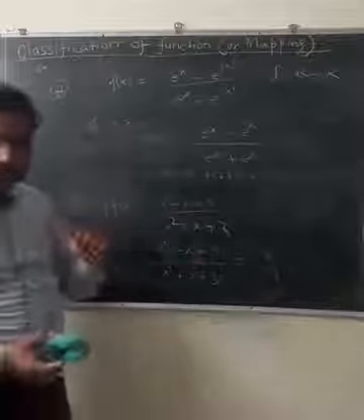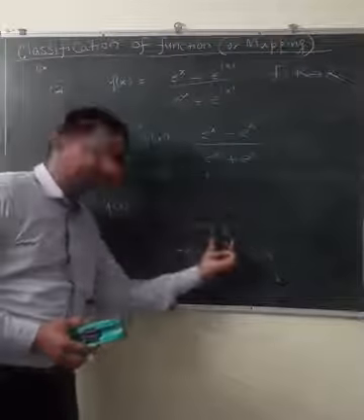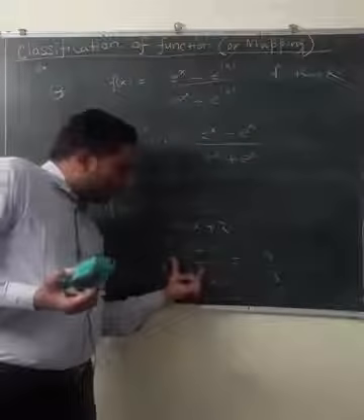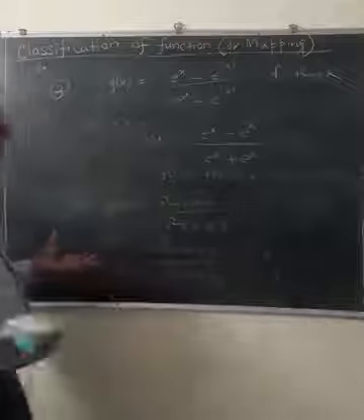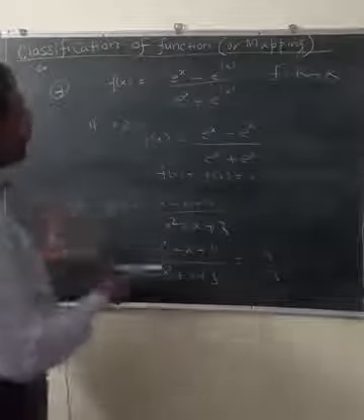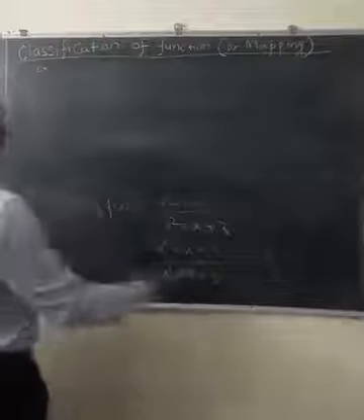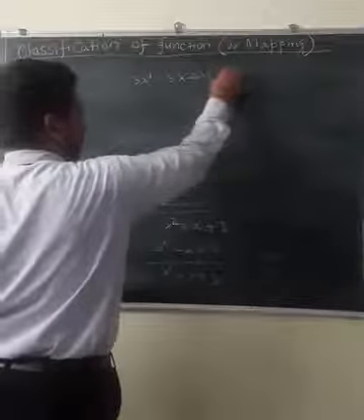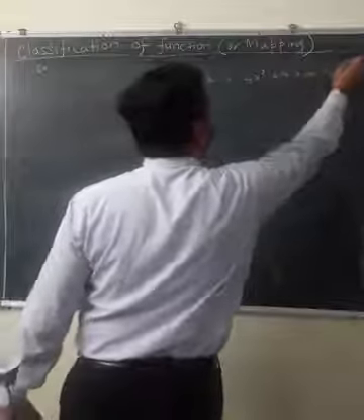Why 4 by 3? Because the function value at 0 is 4 by 3. So I want to find any other number at which the value is the same as f(0), 4 by 3. If it comes, then it will prove that the function is many one. Then cross multiply: 3x squared minus 3x plus 12 is equal to 4x squared plus 4x plus 12.